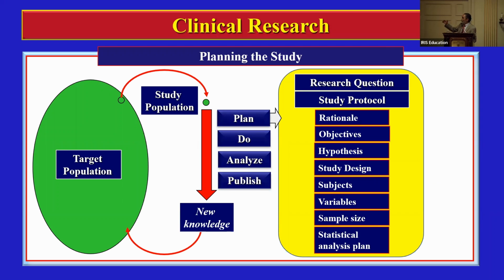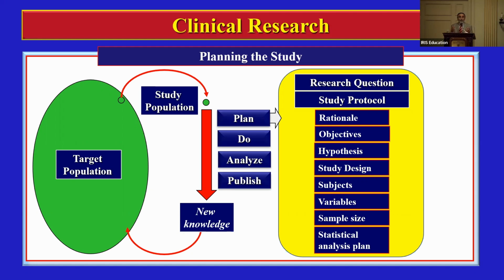Then this is a little bit of the different study designs that you are going to be thinking about: based on my question, what is going to be the best study design that I'm going to use? Then we discuss the subjects. What type of patients am I going to need for my study? I'm going to have inclusion criteria and exclusion criteria.